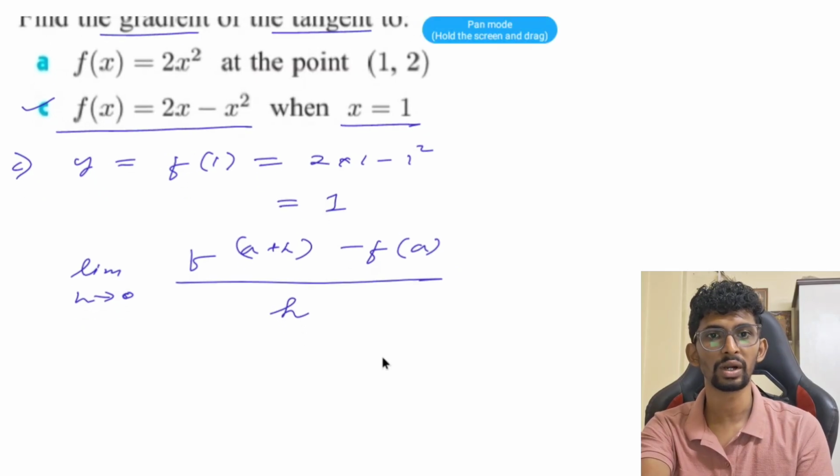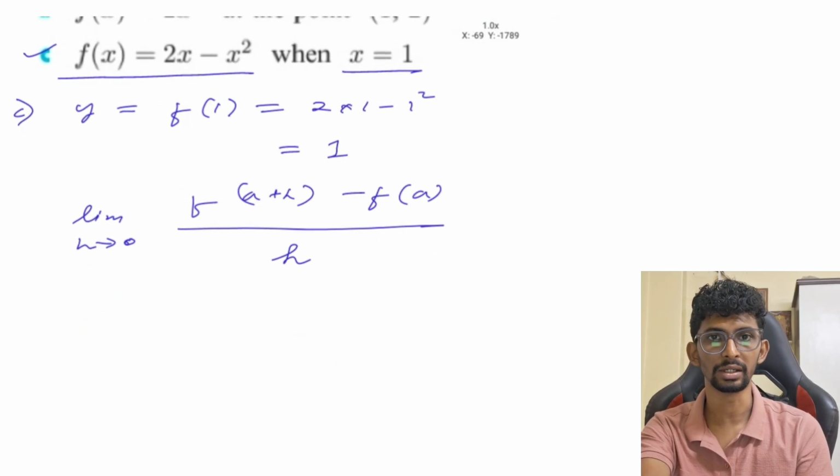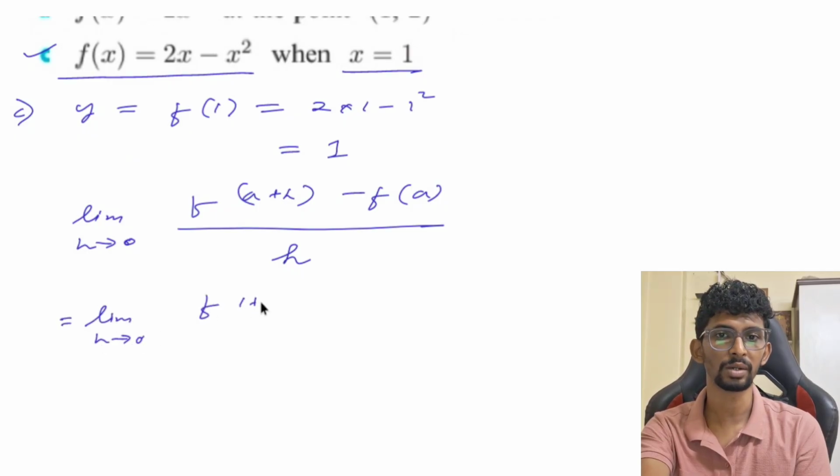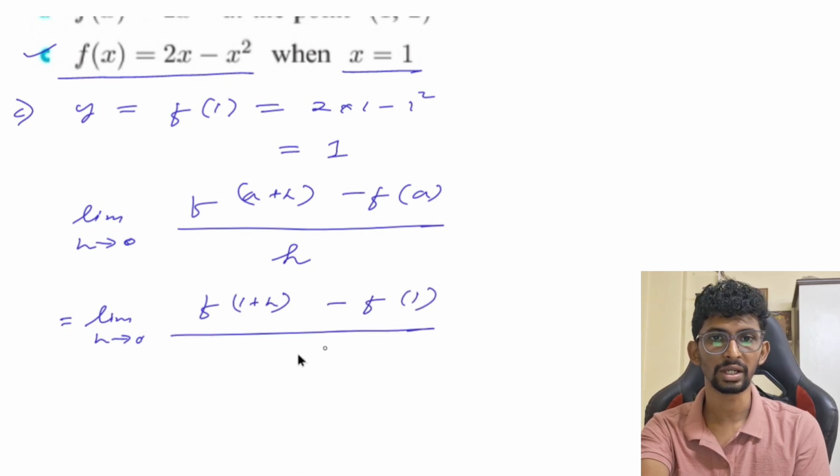Now what is a? A will be 1 here. So this will become limit of h tends to 0, f of 1 plus h minus f of 1 divided by h. Now f of 1 plus h.